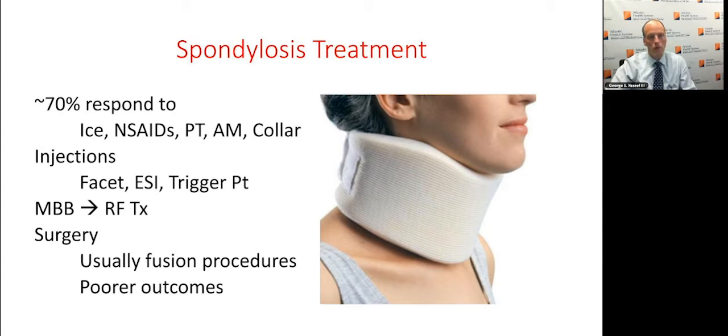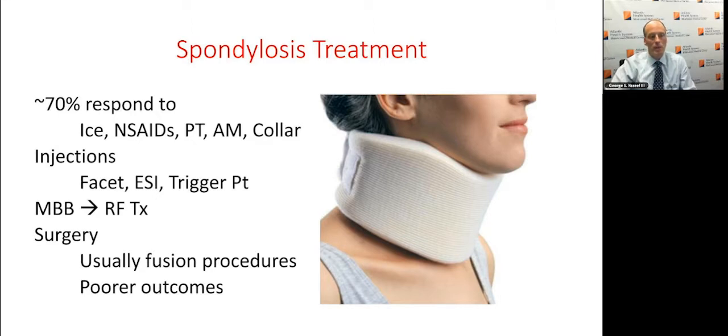When those measures don't work anymore, we try to do targeted injections, and I'll refer to interventional pain. And that, once again, can include trigger point injections like I discussed a minute ago, epidural steroid injections, and facet injections. Most of those therapies are based upon what I see on x-rays, CAT scans, and MRIs.